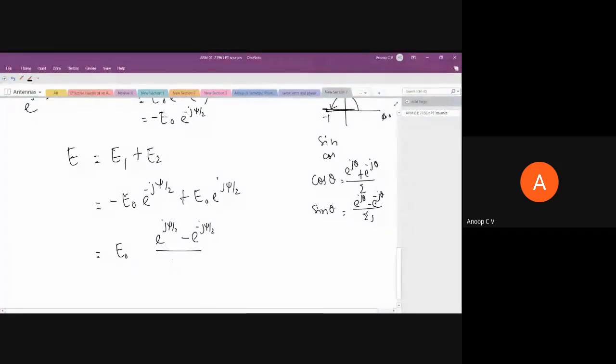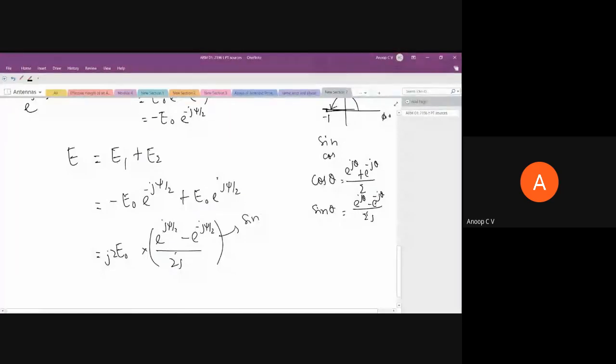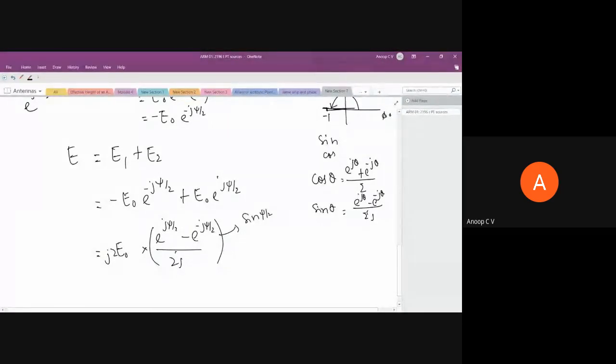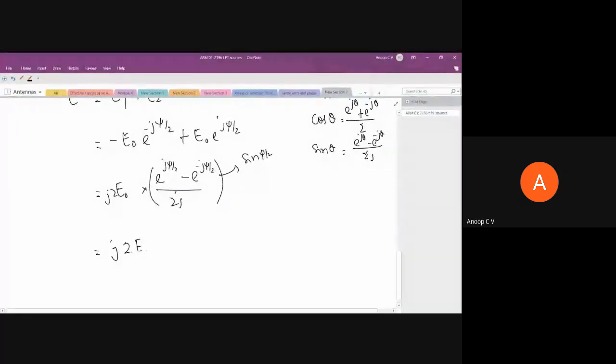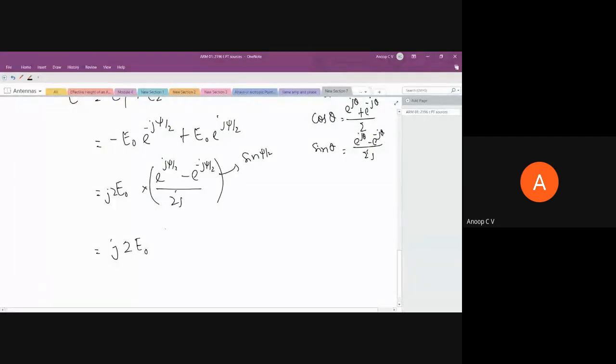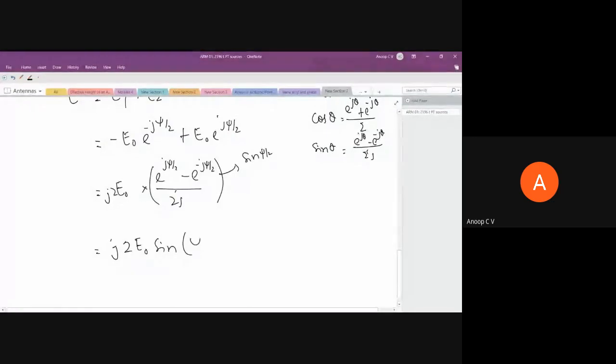If I divide and multiply with the 2j, I can write this as sine psi by 2. There is a j here, so that is equal to j times 2 E naught sine psi by 2.